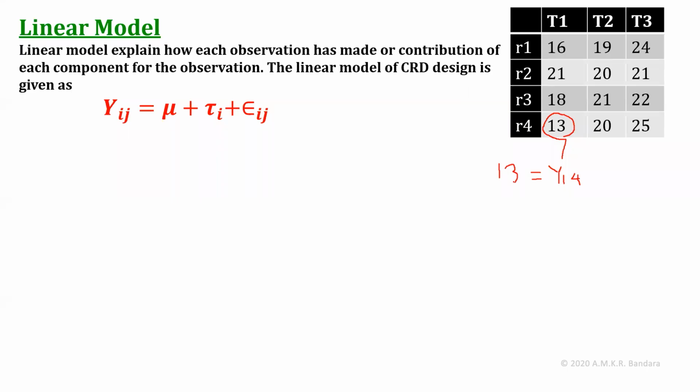This observation has been made from 3 components. What are those 3 components? First, mu. Mu represents the total population mean. Assume this is a goat population. For the goat, there is an average weight.